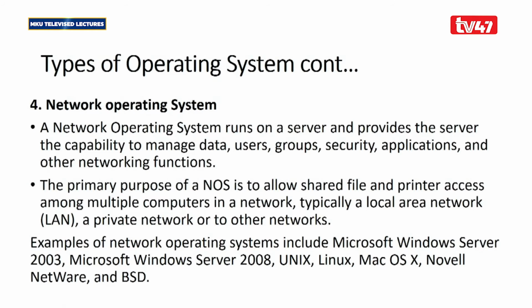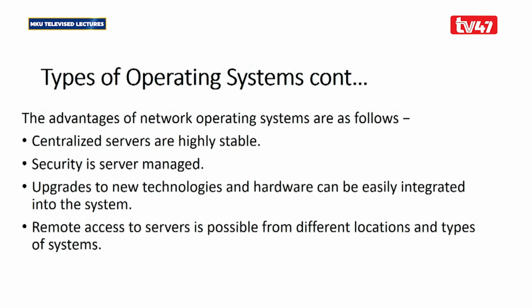All those are some of the common examples of network operating systems that provide us with those server capabilities. Then what are some of the advantages of network operating systems? Centralized servers are highly stable. Security is server managed. Upgrades to new technologies and hardware can easily be integrated into the system. Remote access to servers is possible from different locations and types of systems.